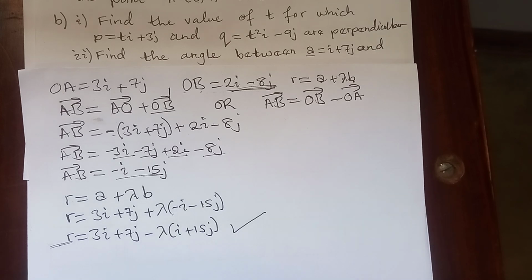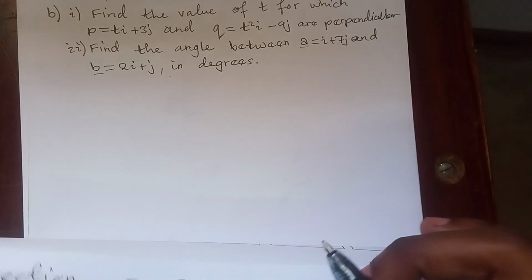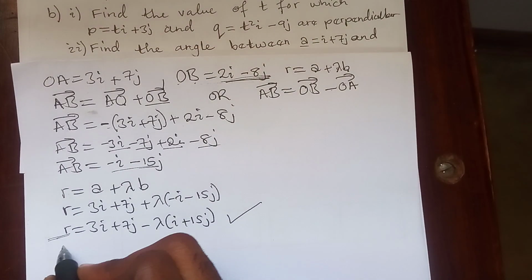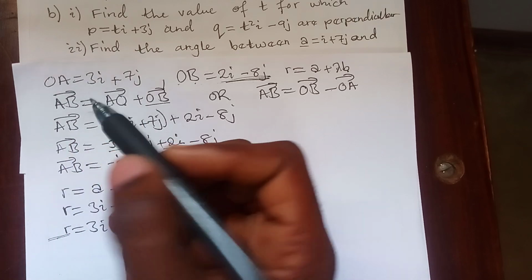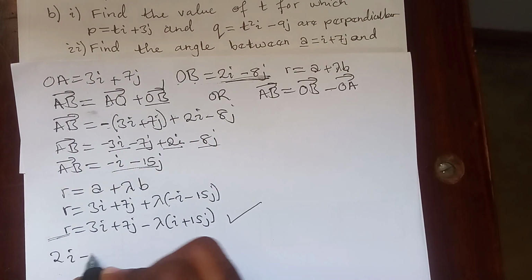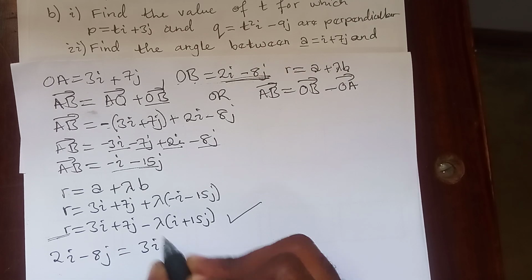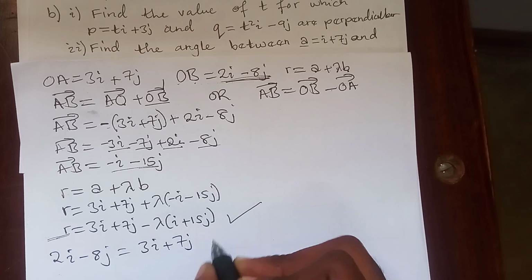If you're okay with that part, you can skip it and go to part B. If I use this, it will be too easy, so I'll use the other point. 2i minus 8j is 3i plus 7j.